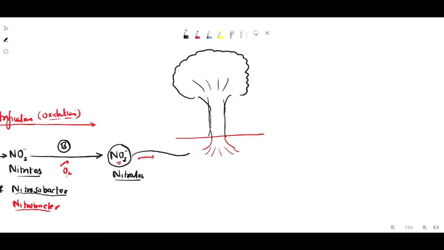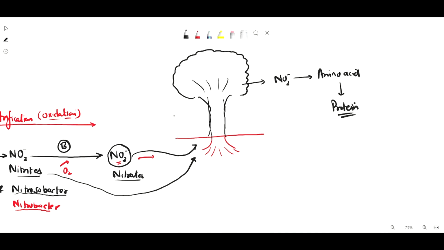So nitrates can be absorbed by the plant, and the NO3 will be incorporated into amino acids, and these amino acids will be converted again into protein.